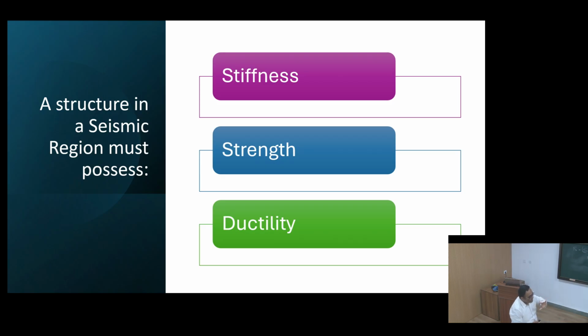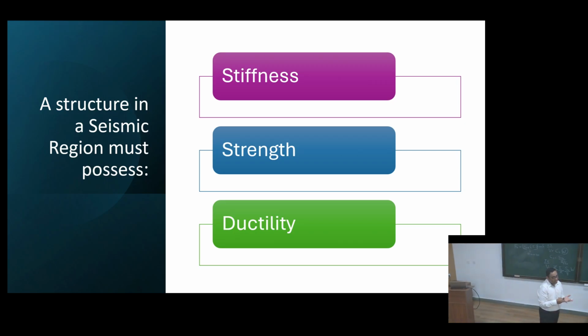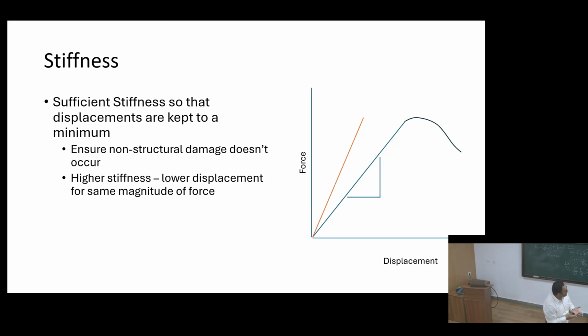Given that maybe it's not a high-end building, we have stiffness, strength, and ductility requirements. Now, all these requirements may look like force-based requirements, but they are also deflection-based requirements, and we'll prove that in a minute.